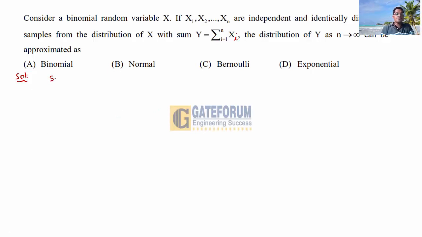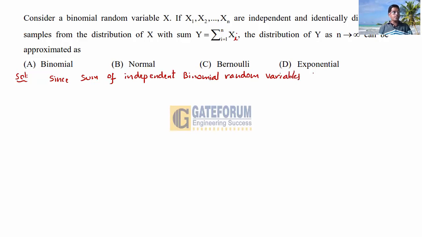Since sum of independent binomial random variables is also a binomial random variable.